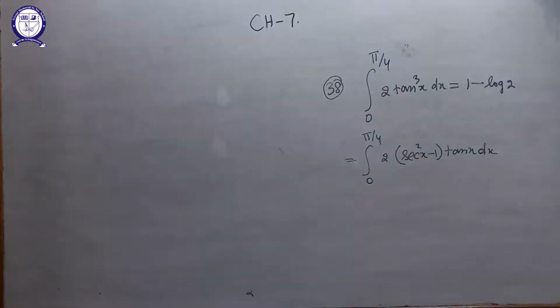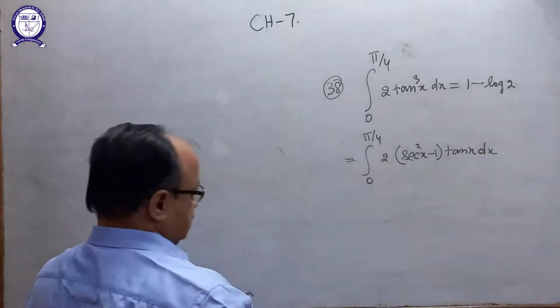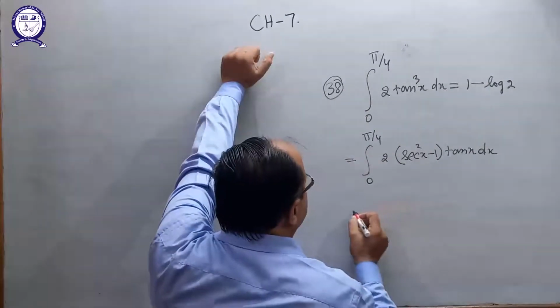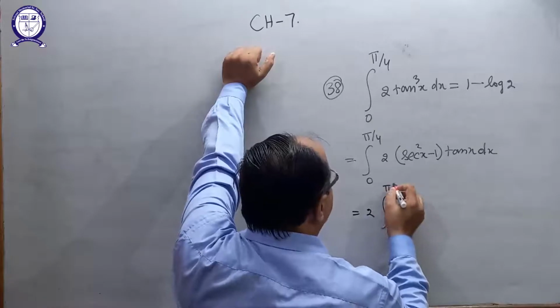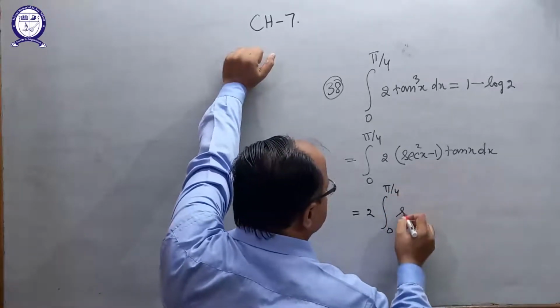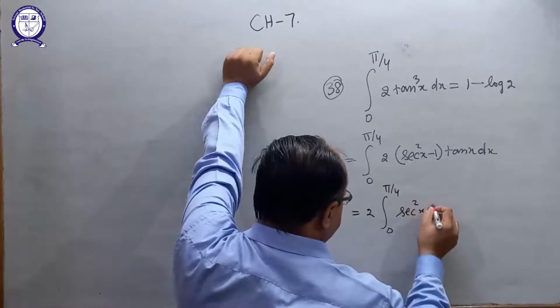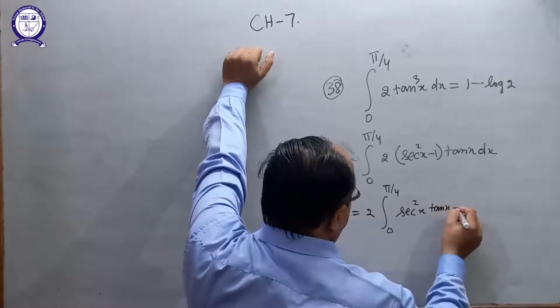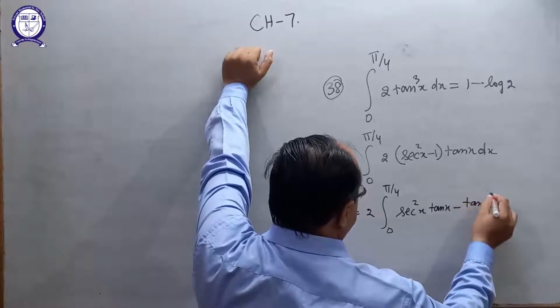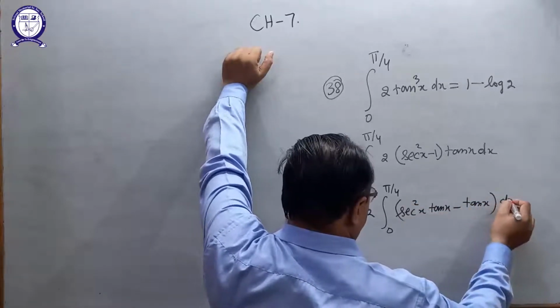Clear? Therefore, integration 0 to pi by 4 of sec square x into tan x minus tan x dx.